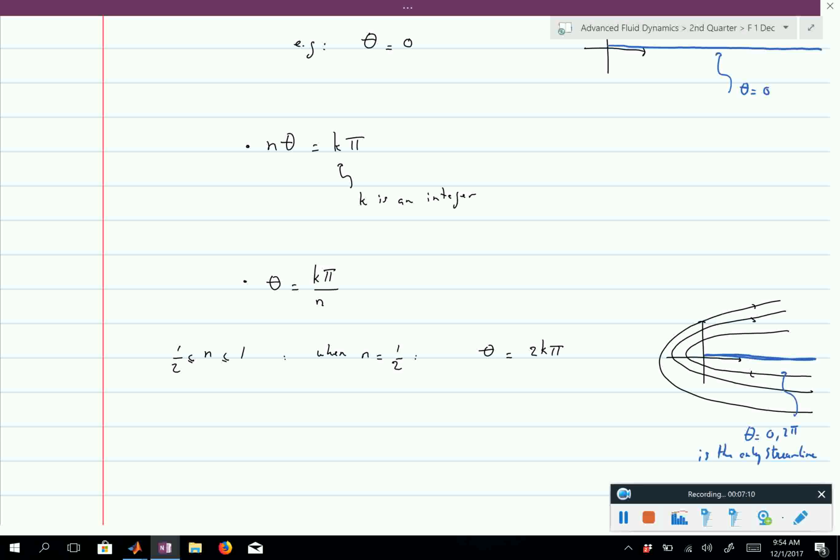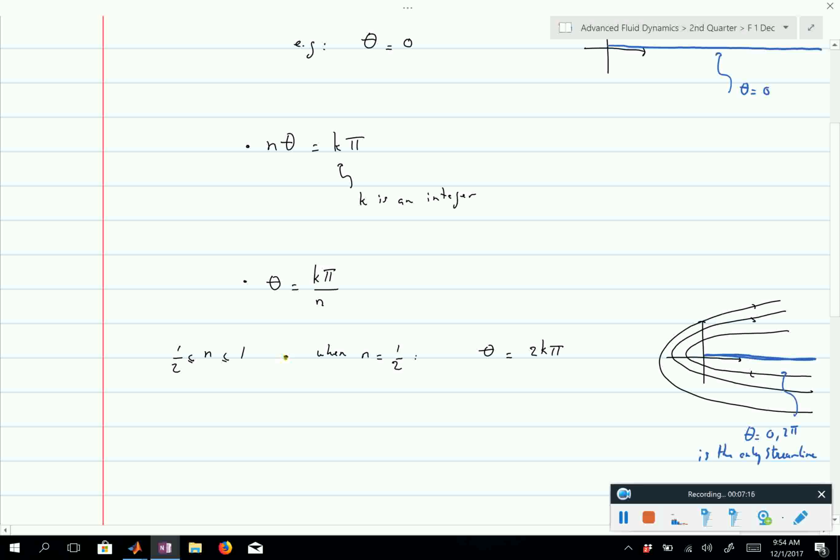So you could, for instance, compute now the velocity. When n equals 1/2, our potential, our velocity is equal to 1 divided by z to the power 1/2.